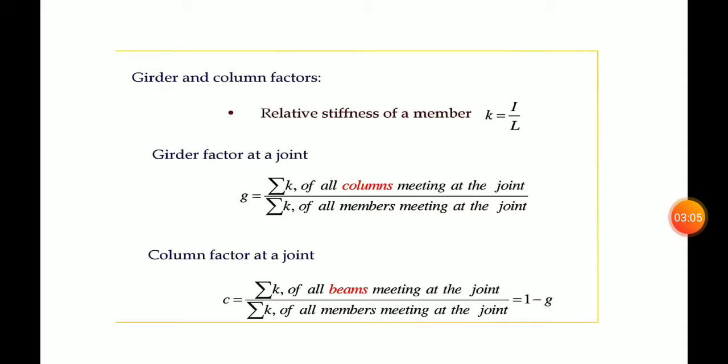And the column factor at a joint, C, is equal to sigma K of all beams meeting at the joint upon sigma K of all members meeting at the joint. Also, the column factor will be 1 minus G, because C plus G will always equal 1, as these are only factors.